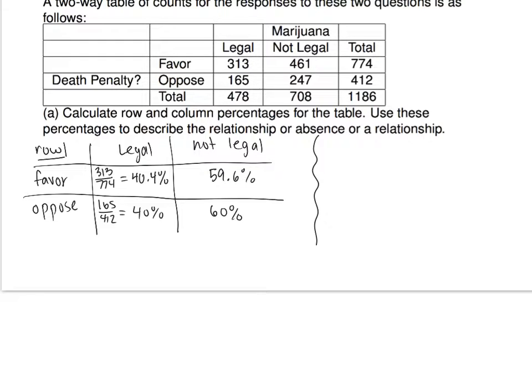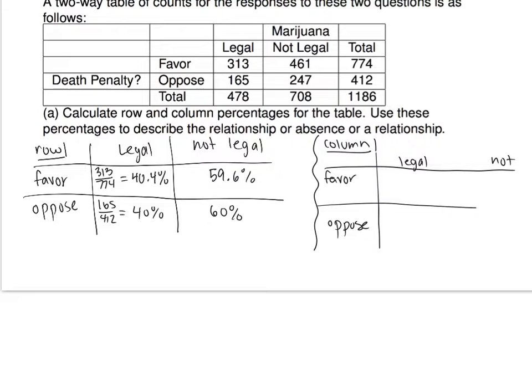Just look at the columns and see if that's any different. So favor, oppose, legal, not. And this time, what's your totals?